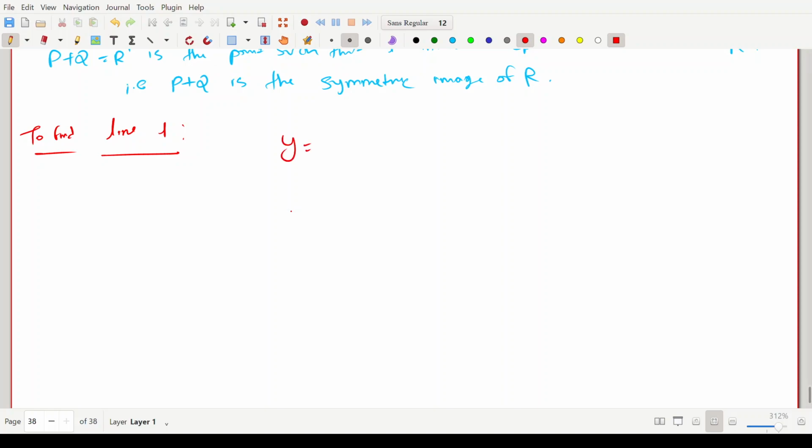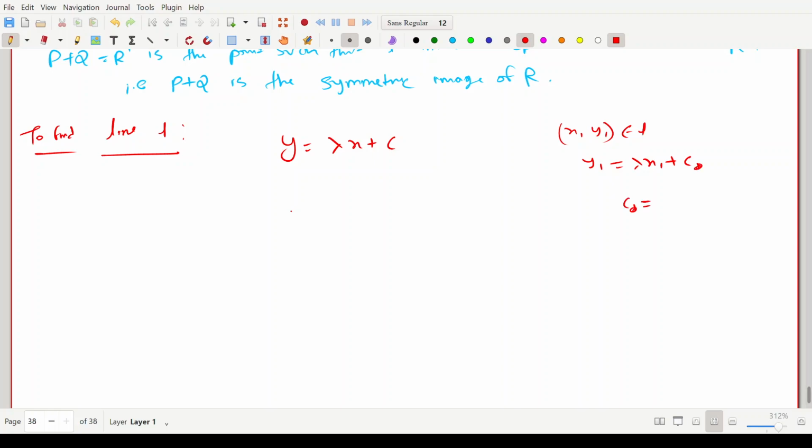Let me call it y equal to lambda x plus c, where lambda is the slope, or you can call it tangent, and c is the y-intercept. c can be easily computed because x1 y1 also belongs to the same line, so x1 y1 satisfies it, and I can get y1 equal to lambda x1 plus c.